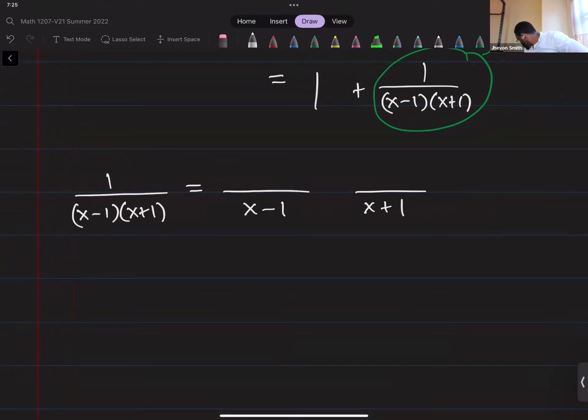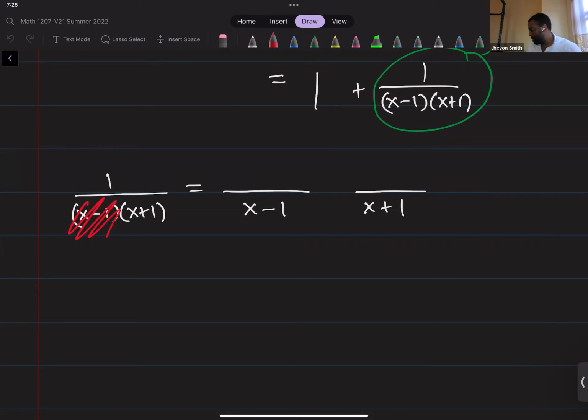So now notice that both the x minus 1 and the x plus 1 are non-repeating linear factors, which means my cover-up method could work. So I look at this and cover up the x minus 1, plug in x equals 1, because that would make the x minus 1 0.